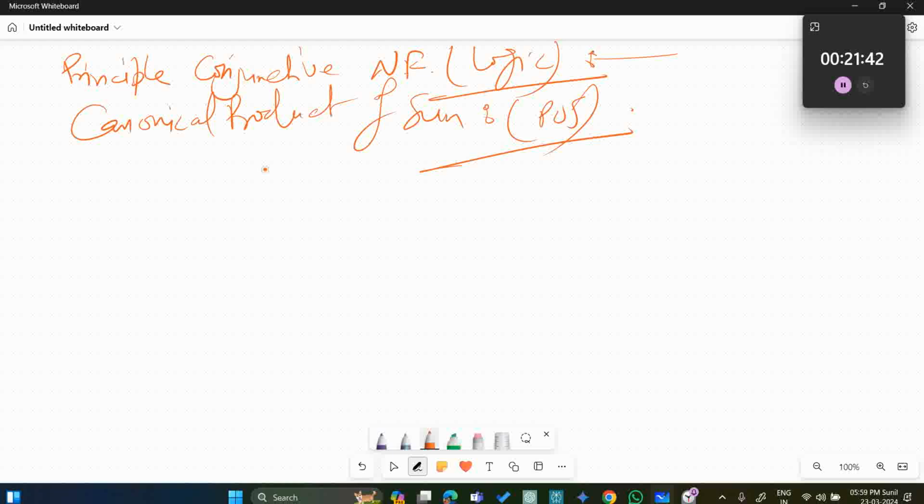Right, this is similar, conjunctive product. Product means this, and sum is this. Principal is what? Conjunctive. So conjunctive is this.